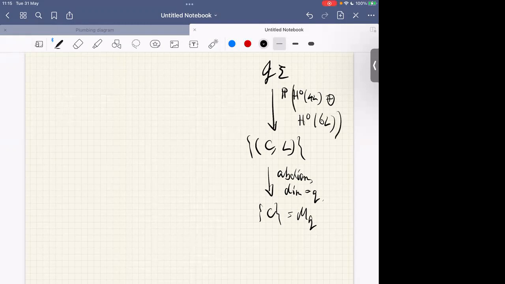So there's the moduli space of curves at the bottom, an abelian fiber, and then a projective space fiber, which comes from looking at the Weierstrass equation.